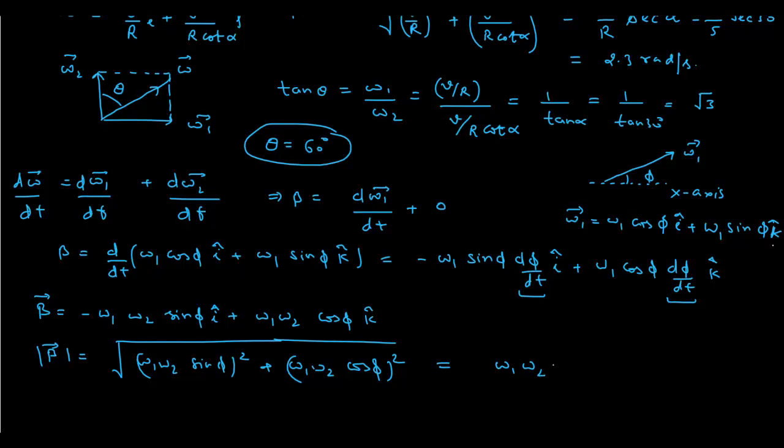We have calculated the values of omega 1 and omega 2, and from our previous results we have V square by R square tangent alpha. By putting the values of V, R and tangent alpha, finally we get beta equal to 2.3 radians per second square. Clear? So this is our result for part B.